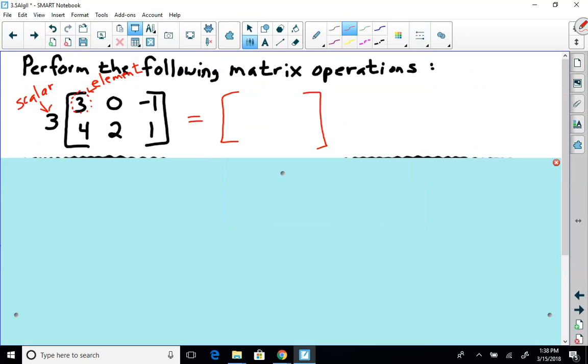So if we take 3 times 3, that would be 9. 3 times 0, 3 times negative 1, 3 times 4, 3 times 2, and 3 times 1. That's what you get when you take that original matrix times a scalar of 3. Very much common sense.